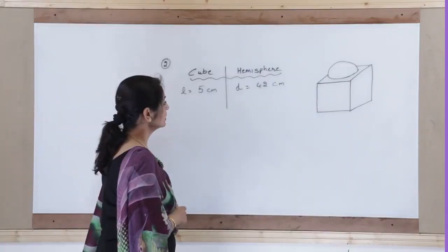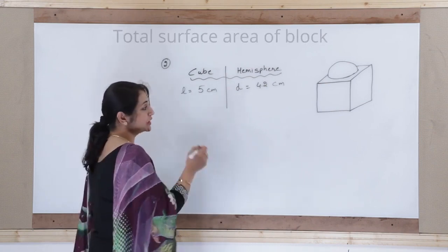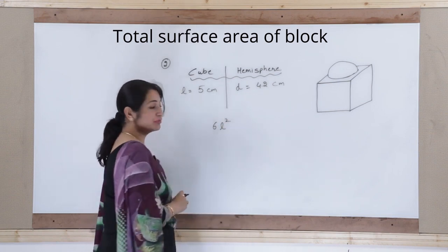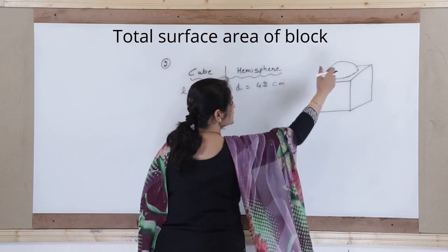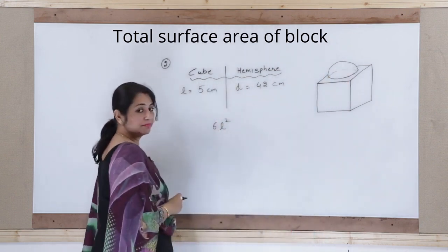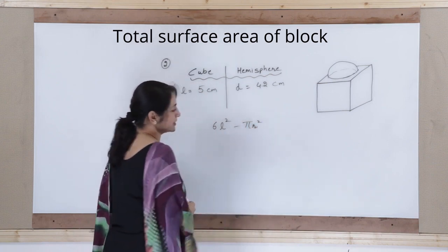So first of all, we know the total surface area of a cube is 6l square. So we will have to take that. But we need to subtract the area of this circle, that is below this hemisphere. That will be pi r square. So we will subtract pi r square from this area.